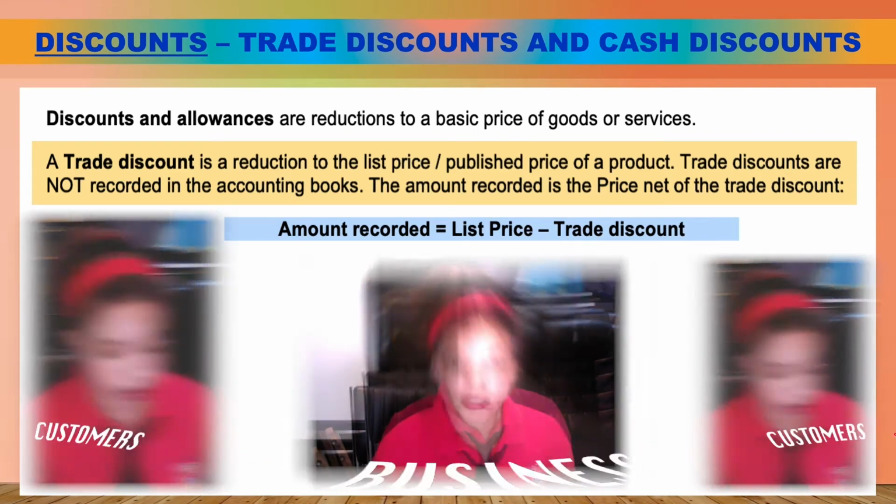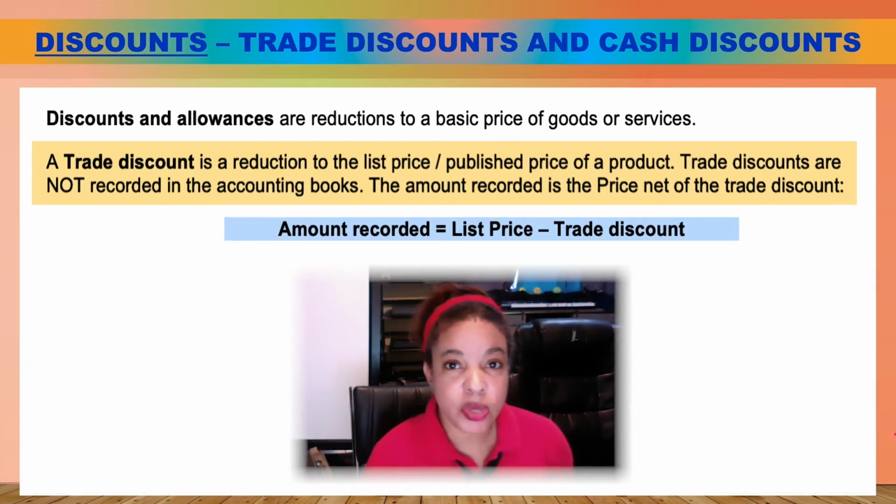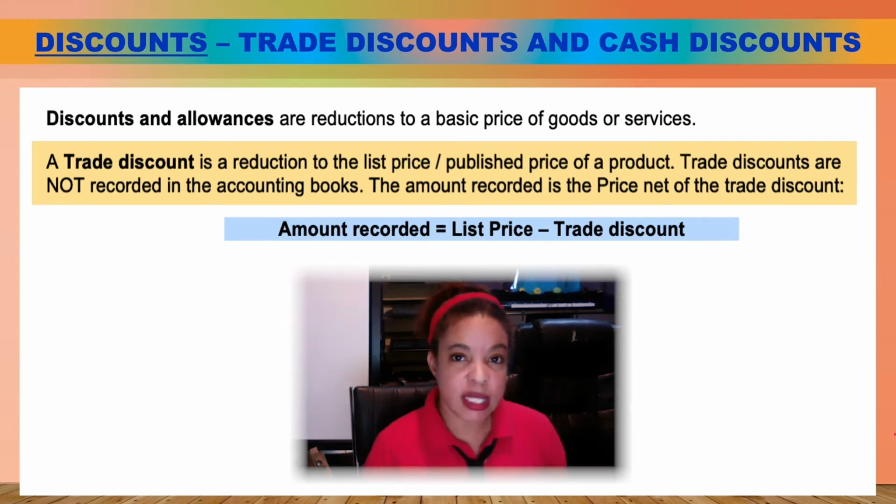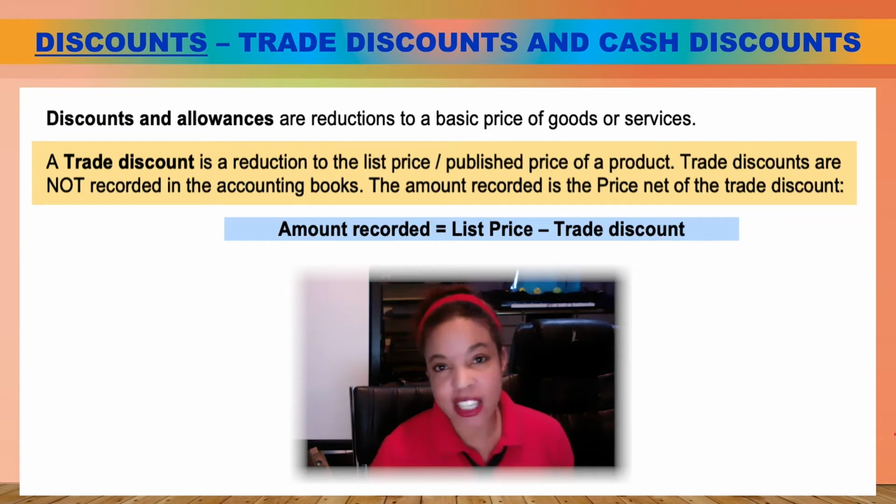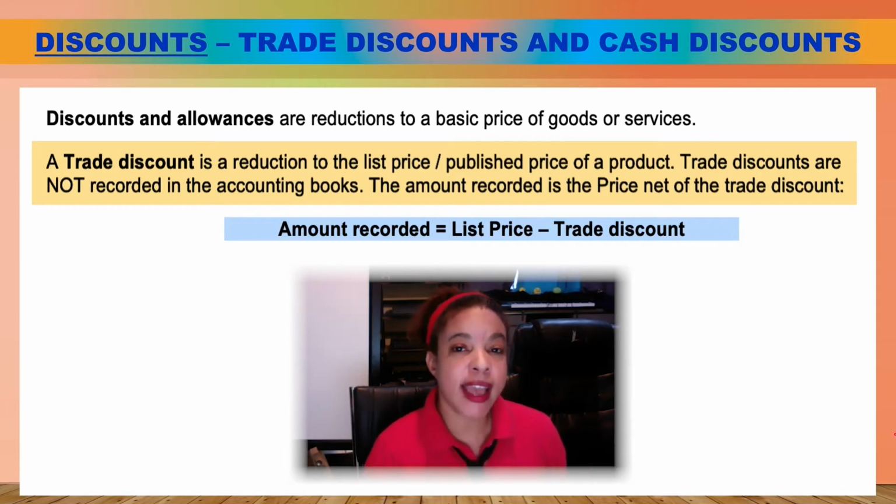sales revenue. So what is important to note, however, in terms of trade discounts, is that the third column is not for that. In the cash book, trade discounts are not entered, nor are they entered in any journal. So the third column in the cash book is not for trade discounts.